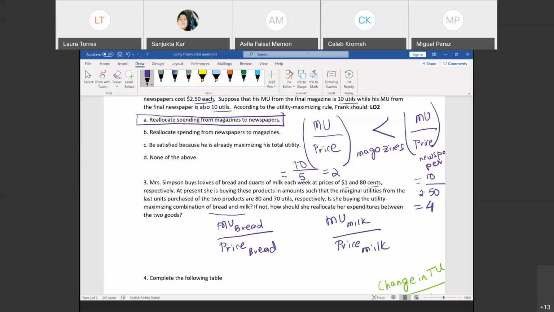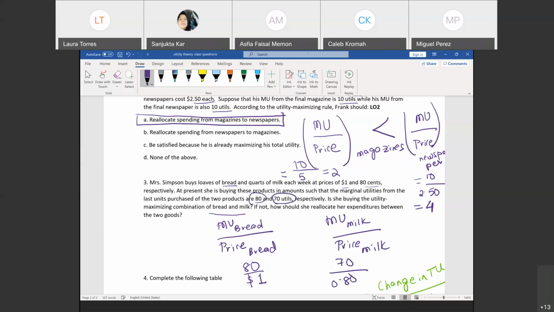The marginal utility of bread is 80, and the price of bread is $1. The marginal utility of milk is 70, and the price of milk is 80 cents.